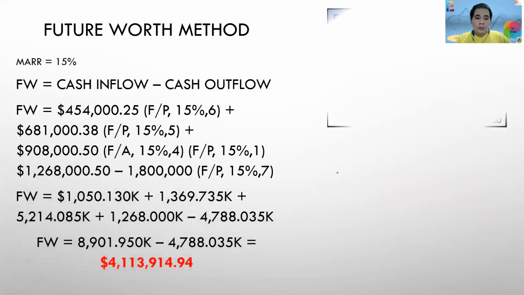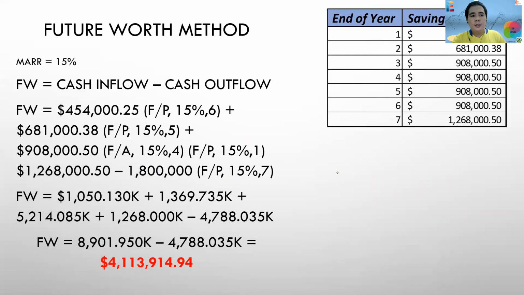So on the table provided, you have to compute the future worth. The future worth factor is 454, comma 6 since it is from year 1 up to year 7, so it compounds 6 times.